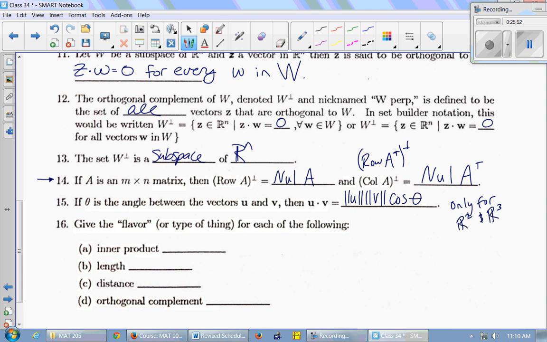Let's say theta is 90, then cosine theta would be 0, right? Making u dot v equal to 0, which is what we already know about the dot product of perpendicular vectors.